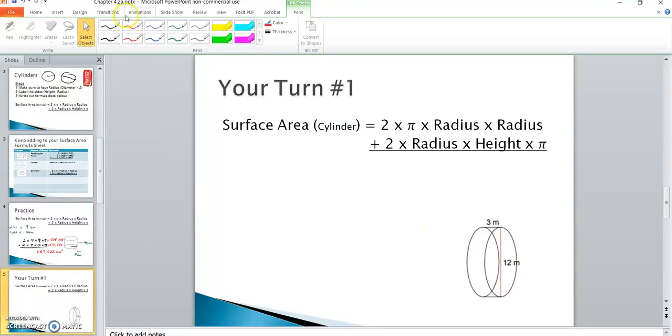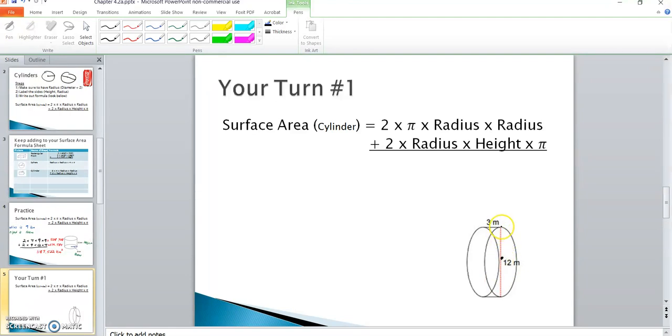Alright, let's try another one. So in this one, you can see that it's being flipped, which makes it a bit tougher, but we will just make do. Okay, so the very first step is we need to make sure that we have a radius. For the radius we need to look at the circle.